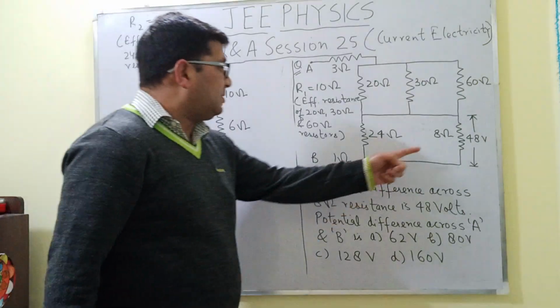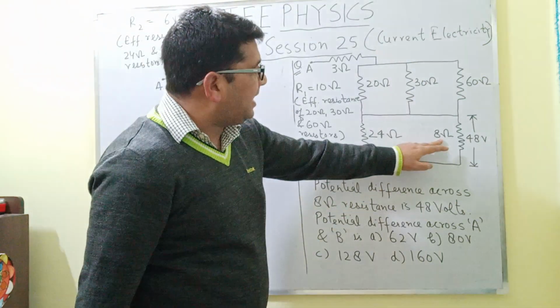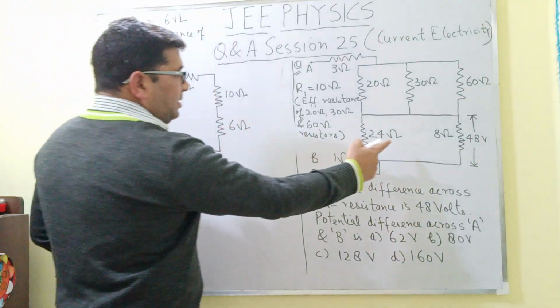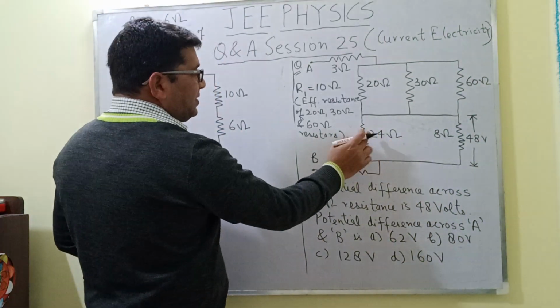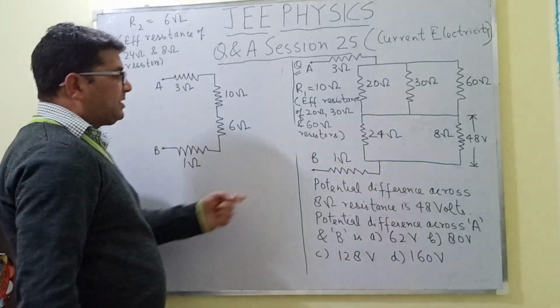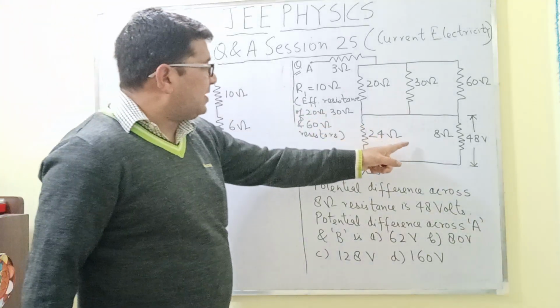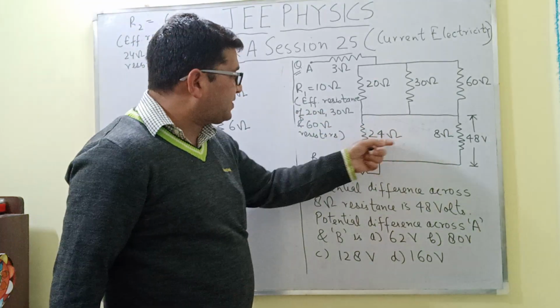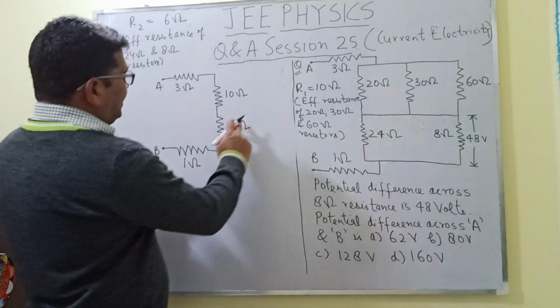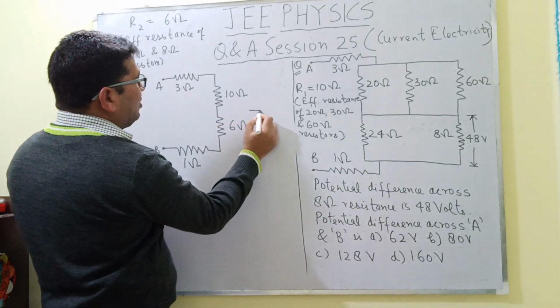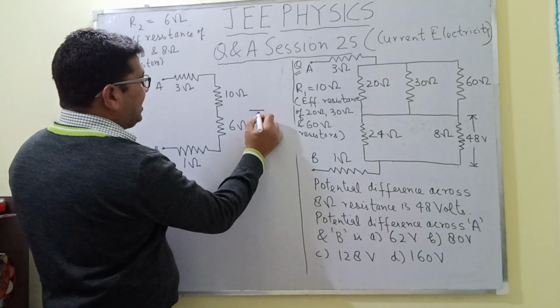Now here the potential difference across the 8 ohm resistor is 48 volt. So the potential difference across the effective resistance, that is R2, which is equal to 6 ohm, will be equal to 48 volts.